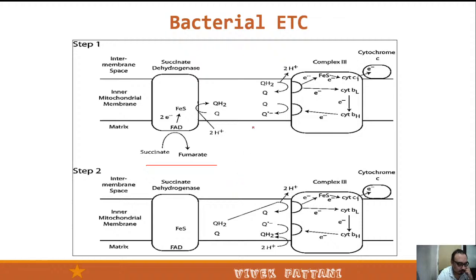Now in step 2, QH2 transfers the protons into the intermembrane space and Q is released. Q will be converted into Q minus, and Q minus will be converted into QH2 from the two hydrogen ions present in the matrix, and the whole cycle is again similar to the above one. Okay, so I am going to end my lecture.